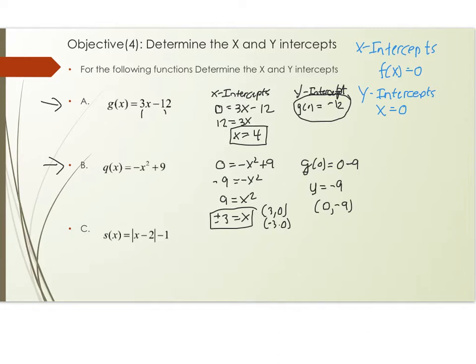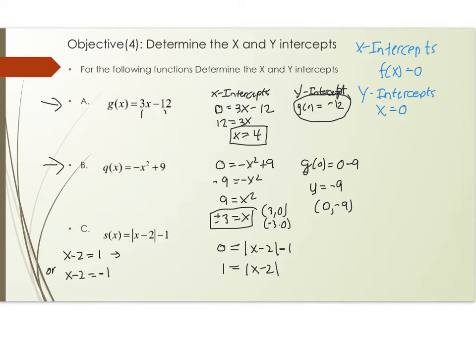Our final function is an absolute value. And so again, when we set for the x-intercept, 0 is equal to the absolute value of x minus 2, minus 1, we have 1 is equal to the absolute value of x minus 2. And now x minus 2, if you can remember, x minus 2 can equal 1, or x minus 2 is equal to minus 1.